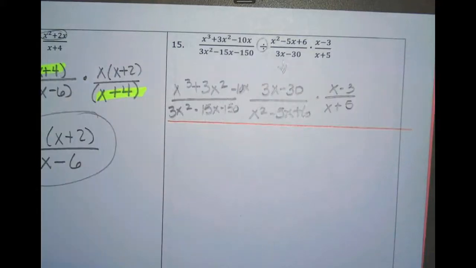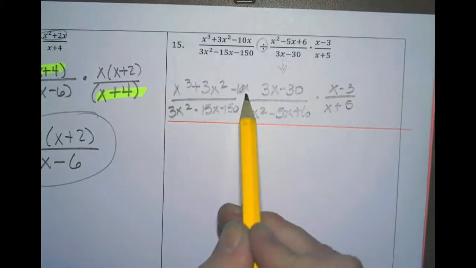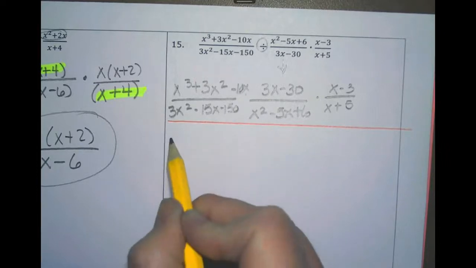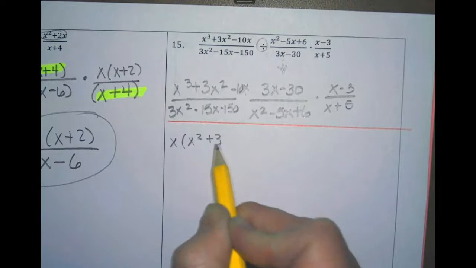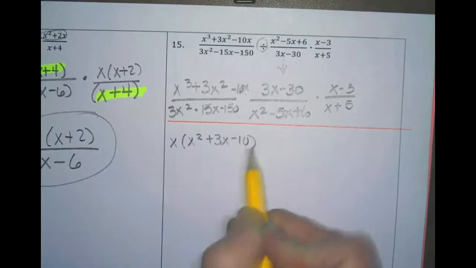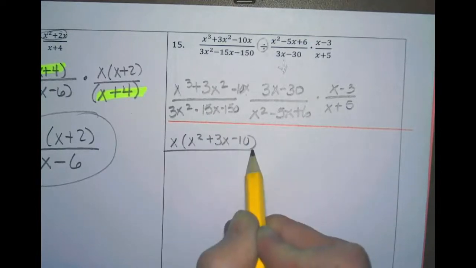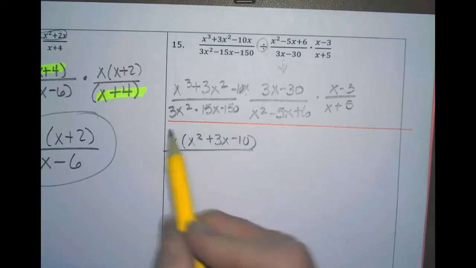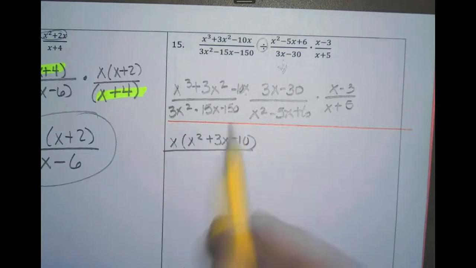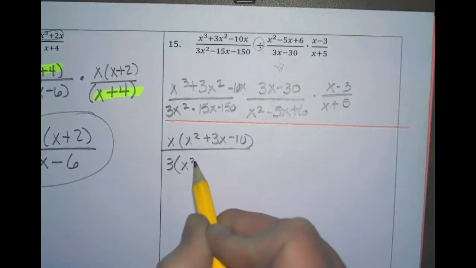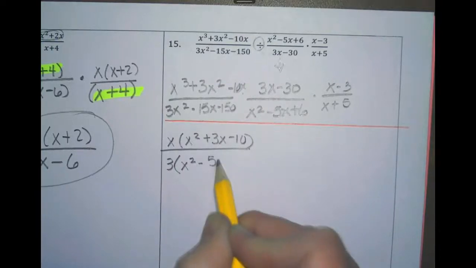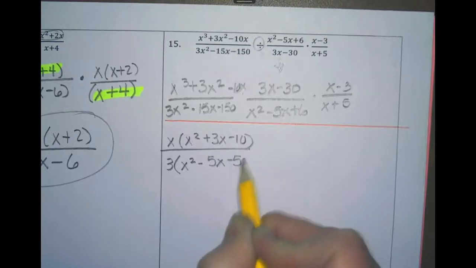I need to factor an x out of this numerator. X squared plus 3x minus 10. I need to factor a 3 out of this denominator. X squared minus 5x minus 50.